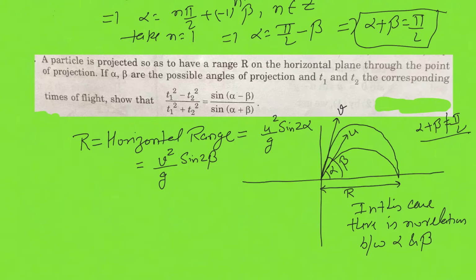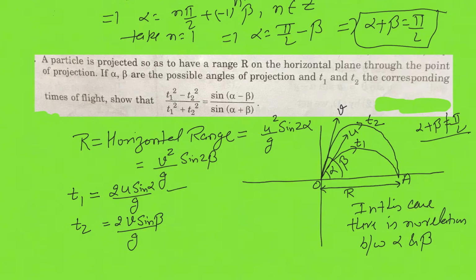Now next, time of flight is given, and we know that T1. We can't just interfere with the symbols, whatever is given we have to take, we can't even take capital T1. So this T1, you know, is equal to 2u sine alpha by g, and T2 is the time of flight to travel from O to A. This will be 2v sine beta by g, and we are going to give this equation as number 1, this as number 2.